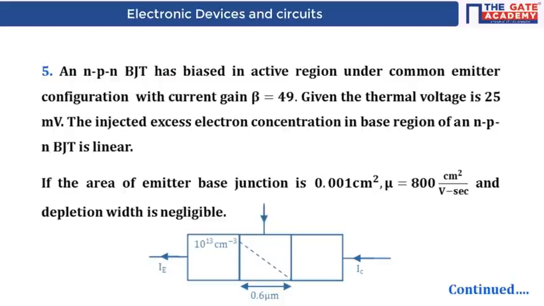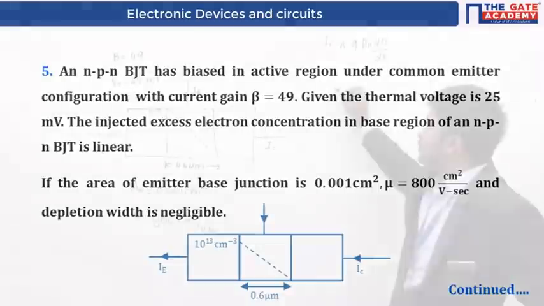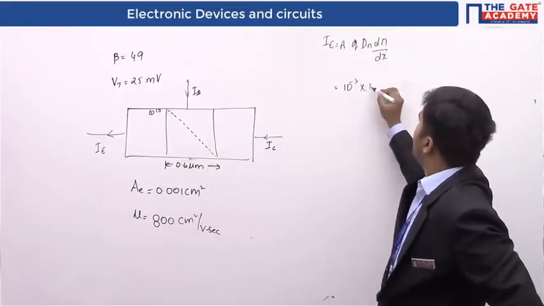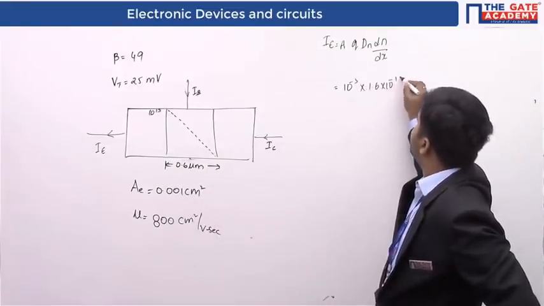The emitter current is given by what? We are again using the concept of the diffusion current density, dn by dx, which multiplied by the area gives us the emitter current. So the emitter current is going to be 10 power minus 3 here, in terms of centimeter square, times 1.6 into 10 power minus 19.